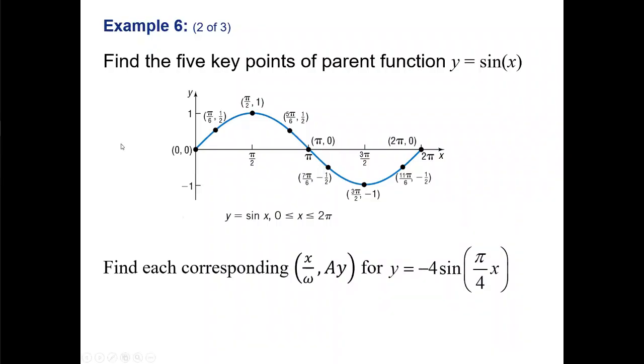Okay, now over here, remember what we've got graphed is just plain old y equals sine x, and the key points that we're going to transform are those 5 key points. So remember, we take x divided by omega, and then for the y's, we take the negative 4 and multiply the y's. Omega is pi over 4.